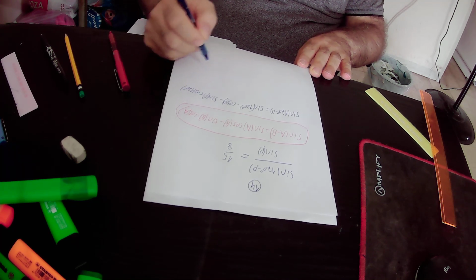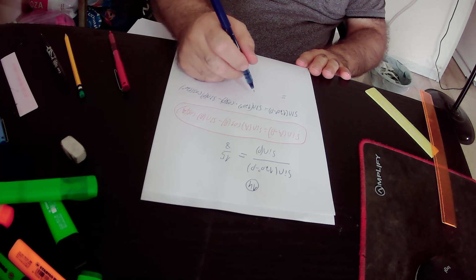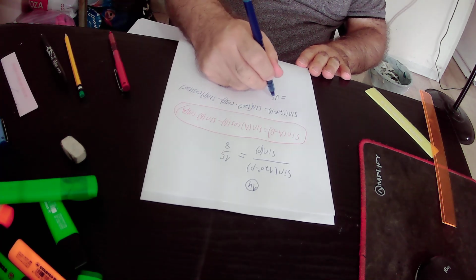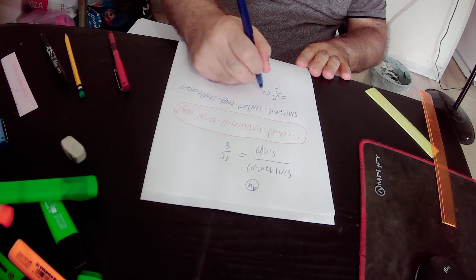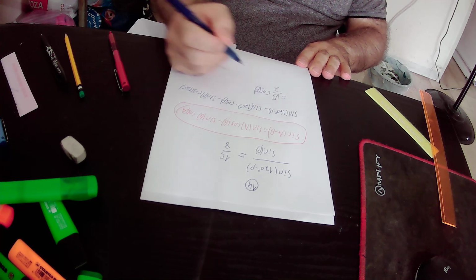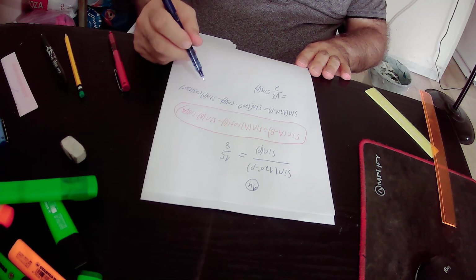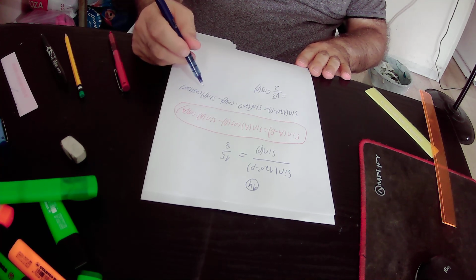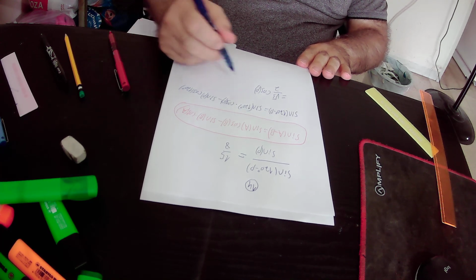Sine 120 degrees equals root 3 over 2 times cosine p, minus sine p times cosine 120 degrees.